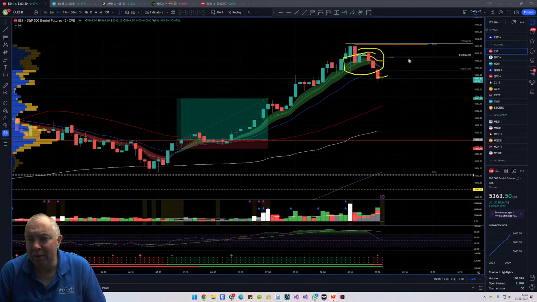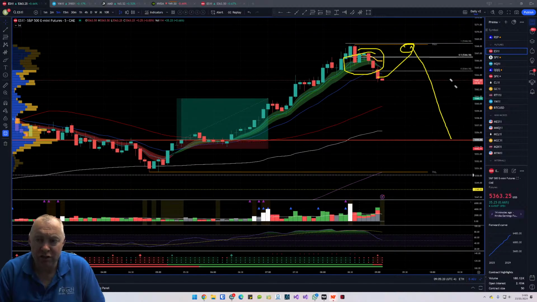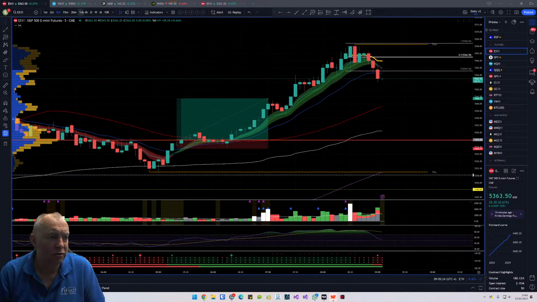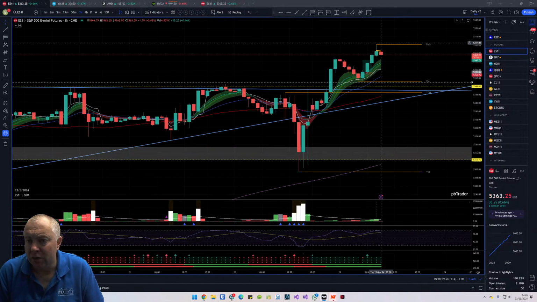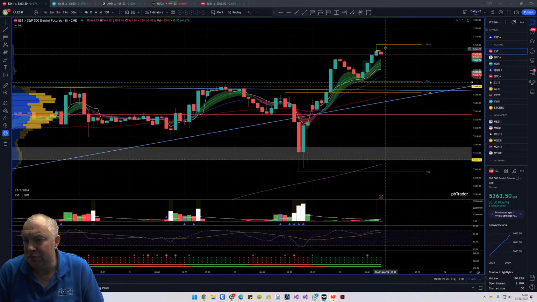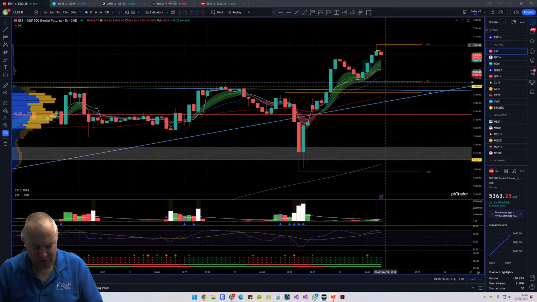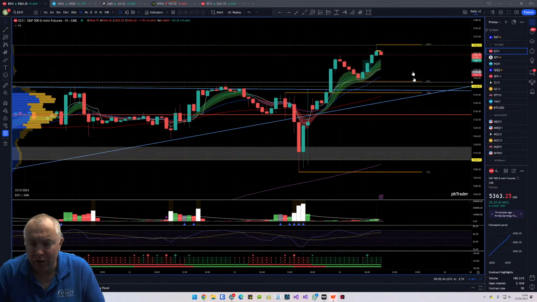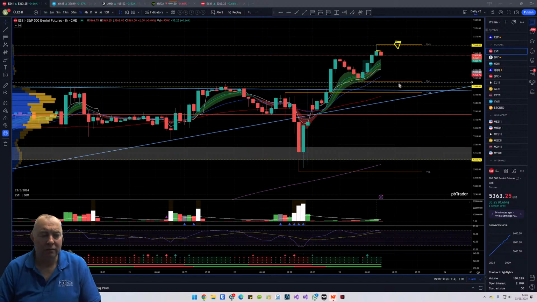So maybe if it comes back in, puts in a double top at the pre-market high, then we can look for a rejection. I'll put it in my list, but it's higher risk because it's against the trend. So we've got the pre-market high 53.68 rejection area, so let's mark that in, and that's only if we have no follow through, and it's a higher risk one.